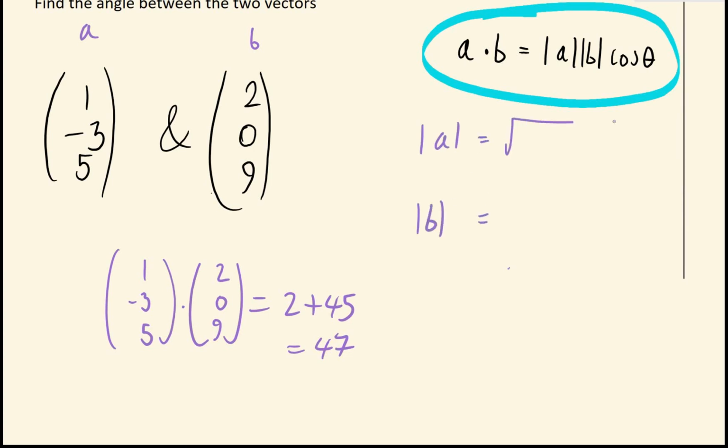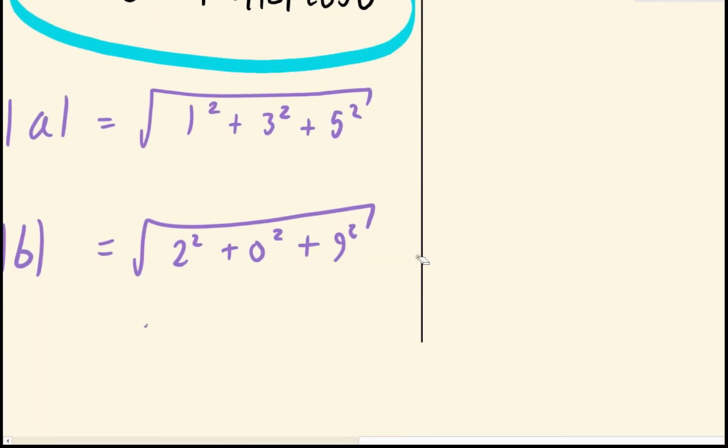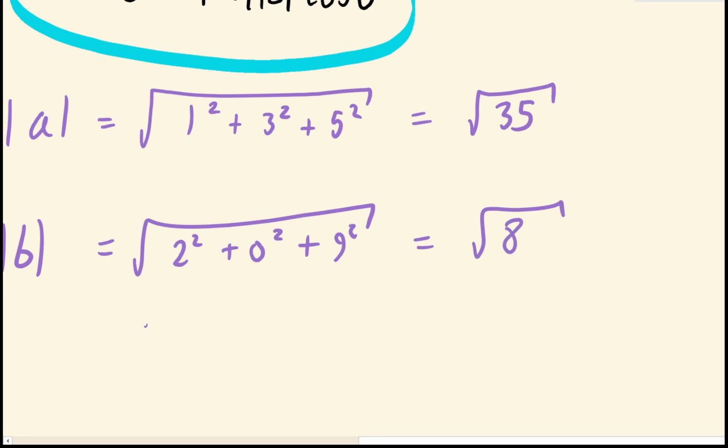The length of A will be the square root of 1 squared plus minus 3 squared or 3 squared plus 5 squared. And the length of B will be 2 squared plus nothing squared plus 9 squared. Working these out and leaving them in surd form, 1 squared plus 3 squared plus 5 squared is going to be root 35. And 2 squared plus 9 squared is going to be root 85.